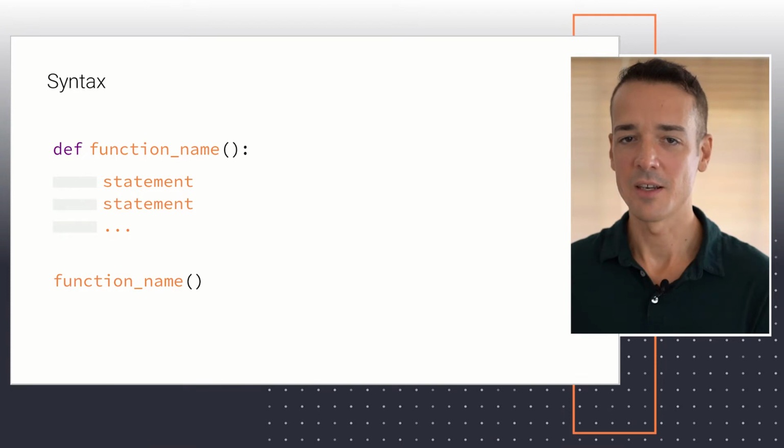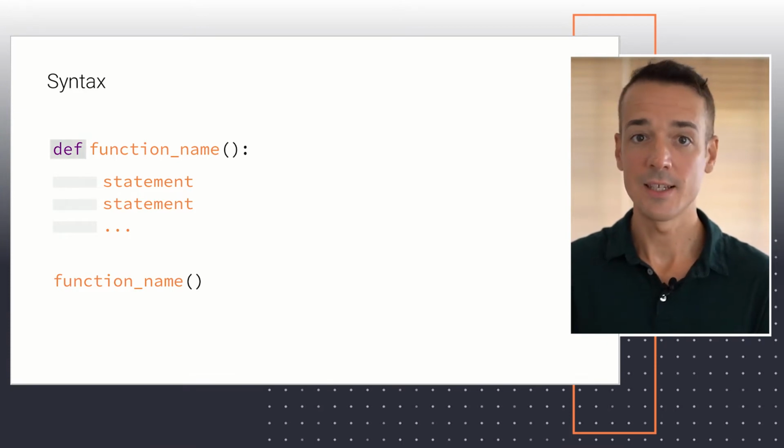Defining a custom function consists in grouping a sequence of statements and specifying the function name under which these statements will run. Then, whenever we call that function, our predefined sequence of statements will execute without us having to write them over and over. This is the syntax used to define a function.